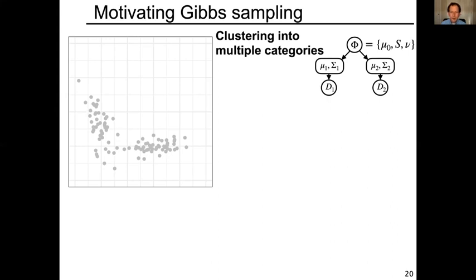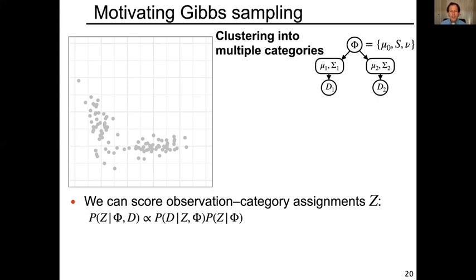So for example, if there are 2 categories, then we'll have mu1, sigma 1, mu2, sigma 2. And then within each category, conditioned on that category's parameters, we will get data that are derived. So some of the observations came in, or the part of the data set which we would call D1, or D2. And what we don't observe is the membership. We'll call those membership identity indices Z.